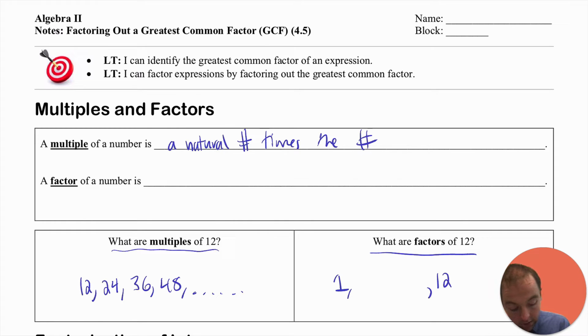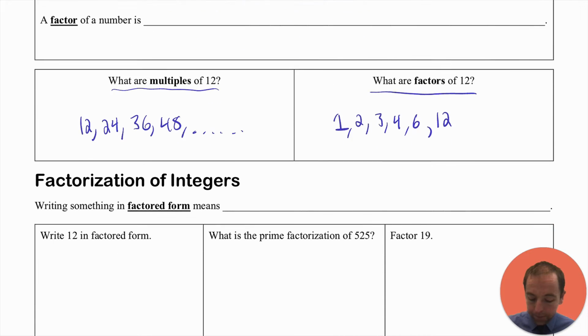Other factors include 2 and 6, because 2 times 6 equals 12, and then 3 and 4 are factors, since 3 times 4 is 12, and those would be the only factors. When we're looking for factors, we want to keep them as whole numbers. So there ends up being a total of 6 factors for the number 12.